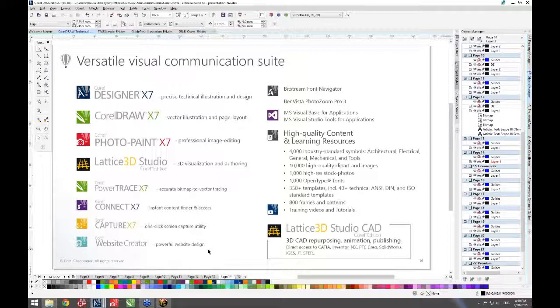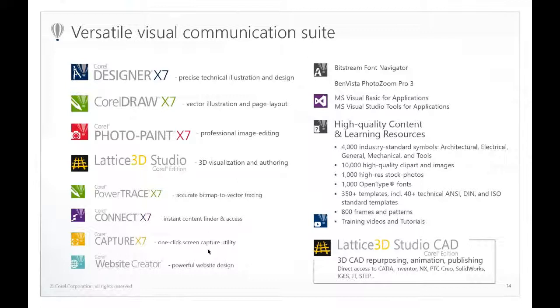So at the end, almost at the end, I want to show you that CorelDRAW Technical Suite is even more than what I have showed to you. So what you have seen today is the Corel Designer application, the Lattice 3D Studio application in the advanced level add-on, and I think that's pretty much it, what I have demonstrated.